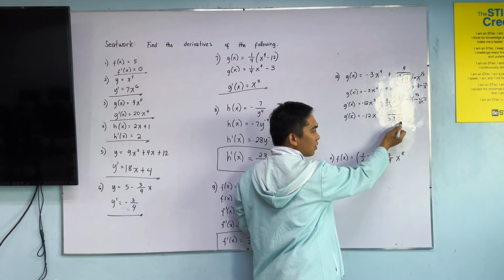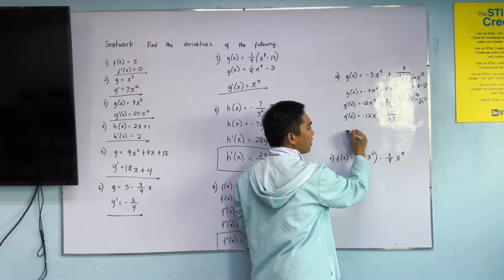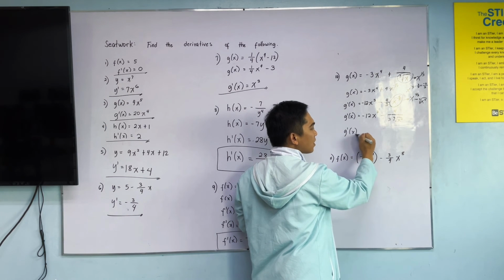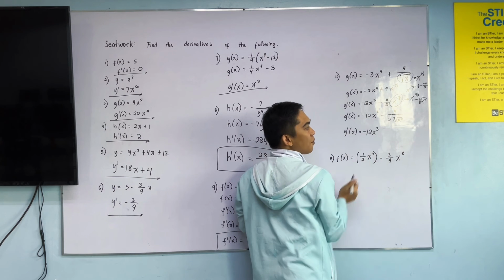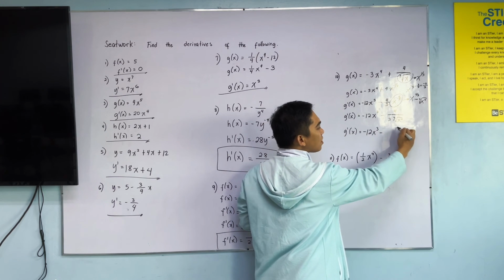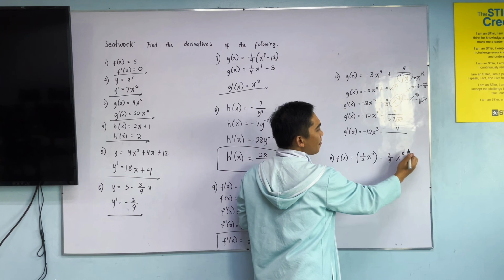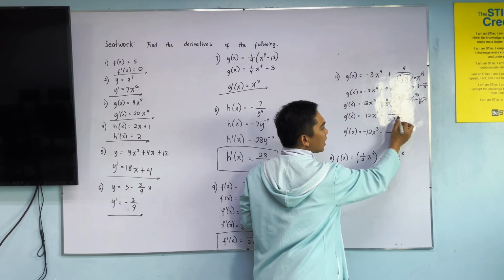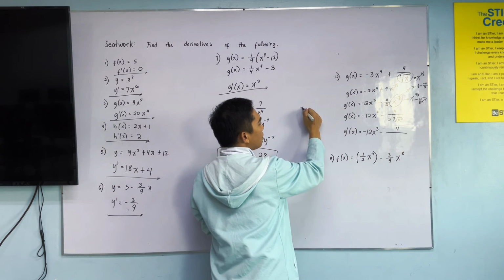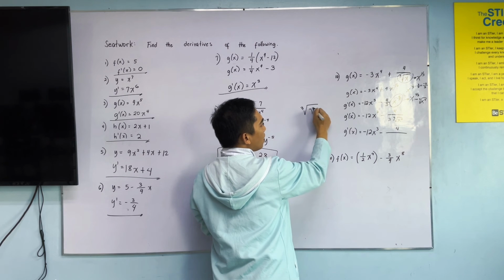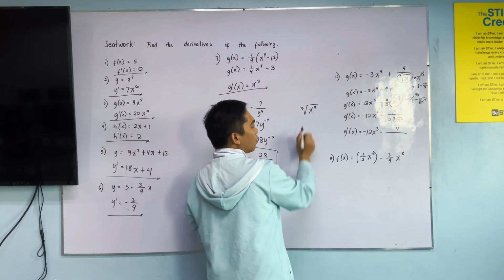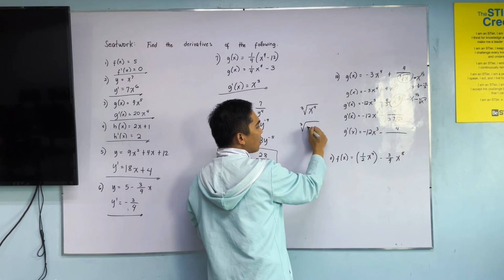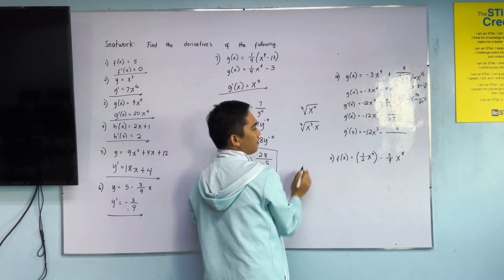Hindi pa tayo tapos dito kasi pwede pa natin i-simplify. So, g prime of x is equal to negative 12x cubed. Just copy, wala tayong problema dyan. Minus 4 over, ito pwede nating, yung 3, cube root of 4x raised to 4, pwede natin ito isulat as ganyan.